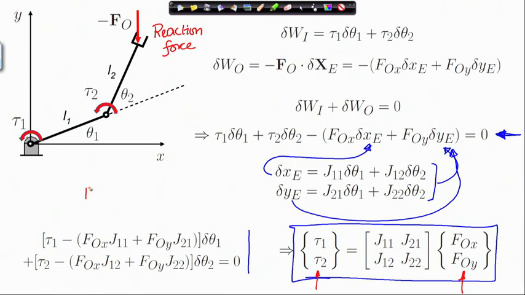Therefore, this F_O is the applied force, the applied force on the external world by the manipulator.